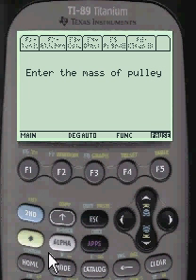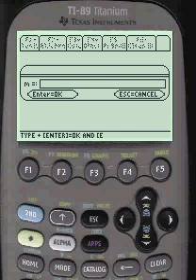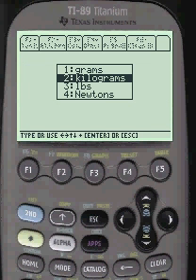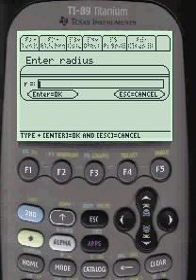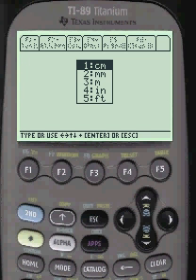Mass of the pulley is given as alpha 1 kilograms. They give us the radius as alpha 0.02 meters, number 3.